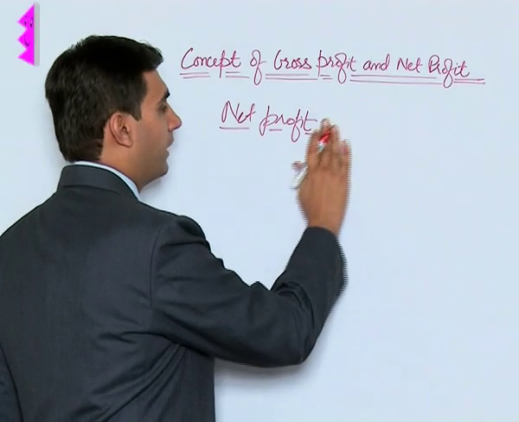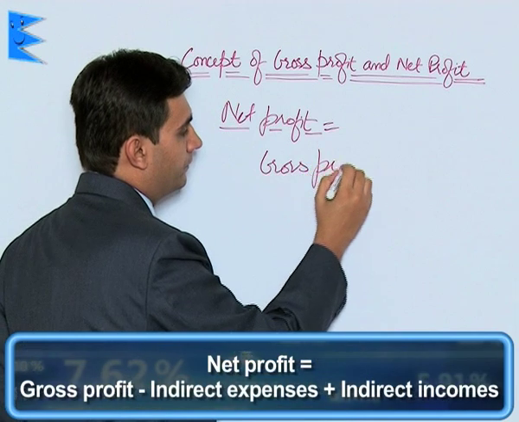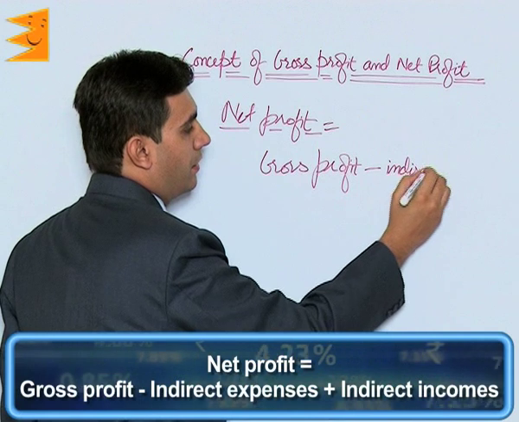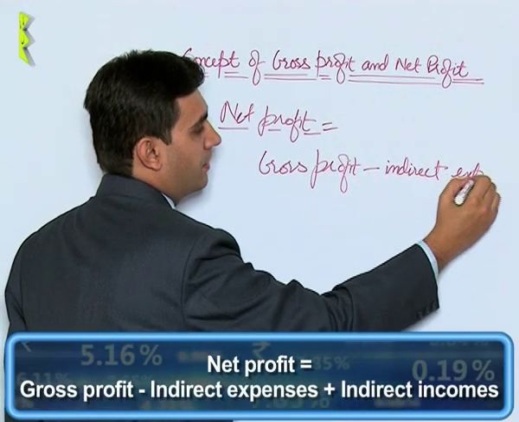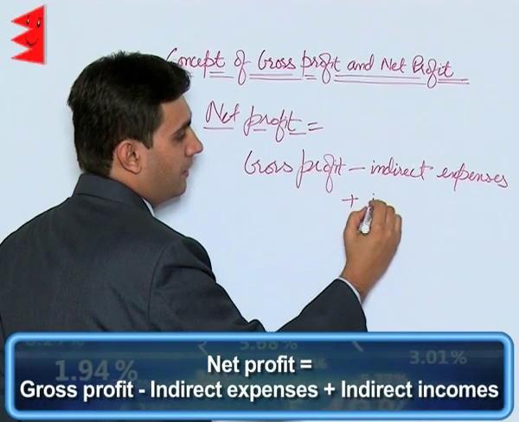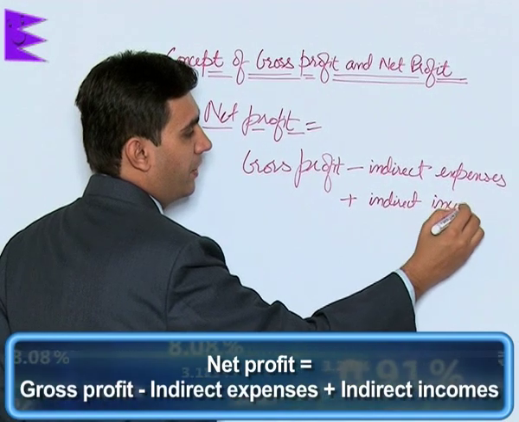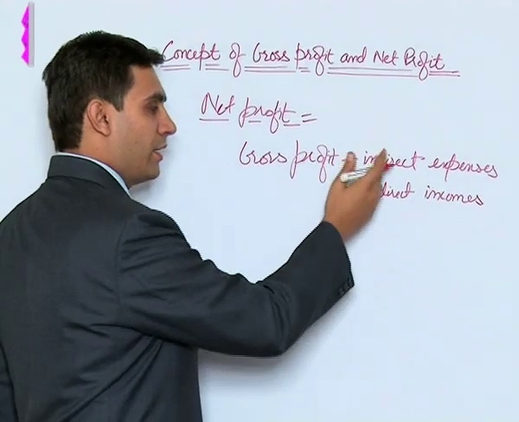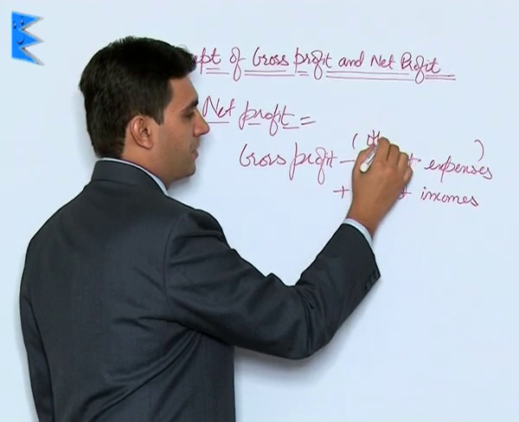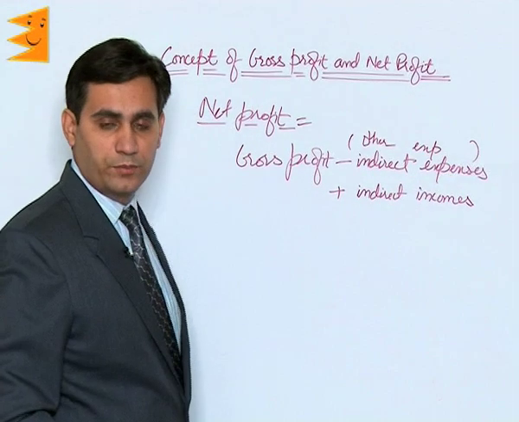So we can say that net profit is equal to gross profit minus indirect expenses plus indirect incomes, in case they are given. In some cases, indirect is also written as other expenses and other incomes.